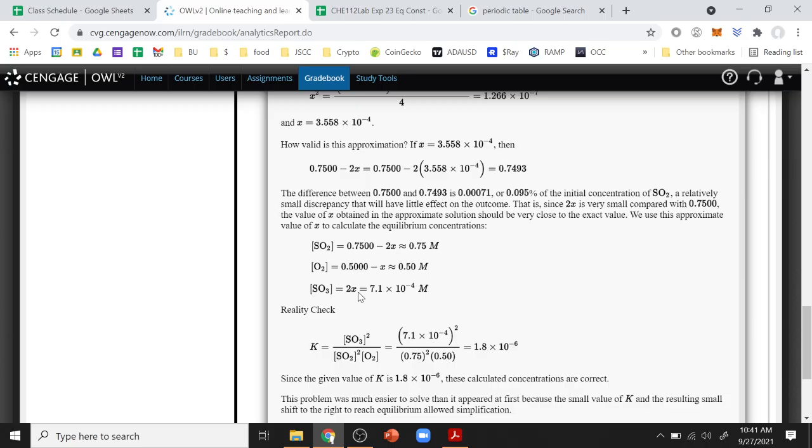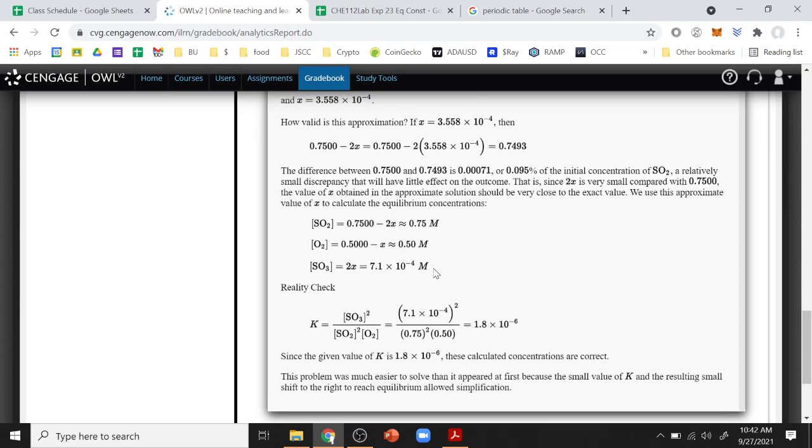So 3.558 times 2 gives you 7.1 times 10 to the negative 4, right? Notice I didn't mention the 10 to the negative 4. You don't have to work with the 10 to the negative 4. If you multiply it by 2, you can just take the 3.55 times 2. That gives you that.